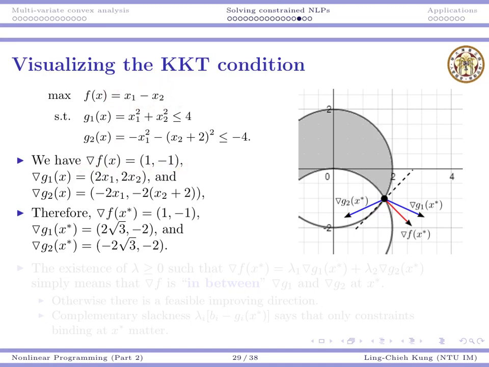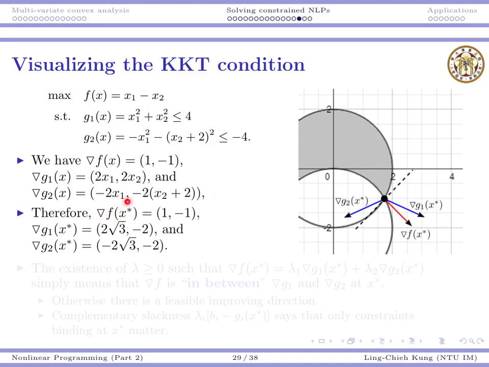This is a function. A gradient must be a vector. The first component is the first order derivative with respect to x1, and the second component is the first order derivative with respect to x2. For gradient g1 and gradient g2, it's the same thing: partial derivatives, these are functions.